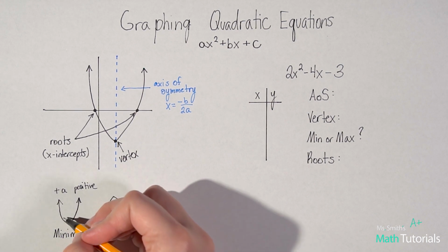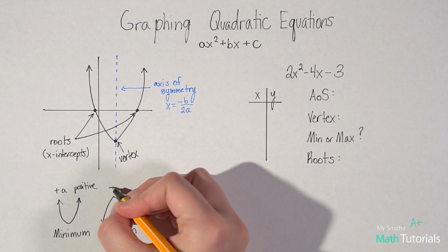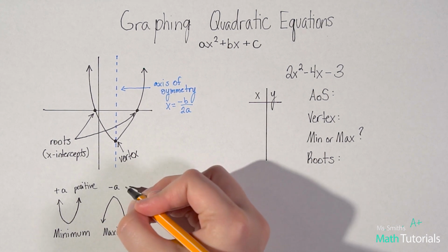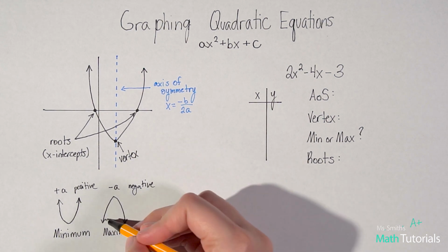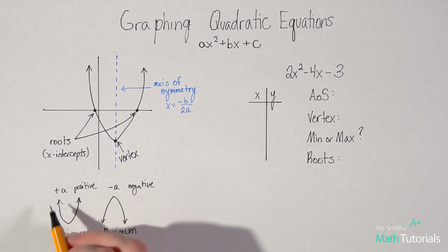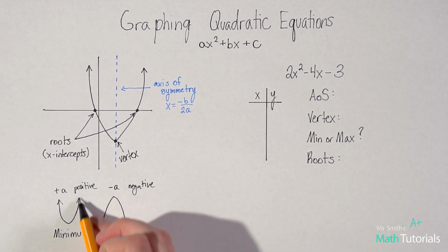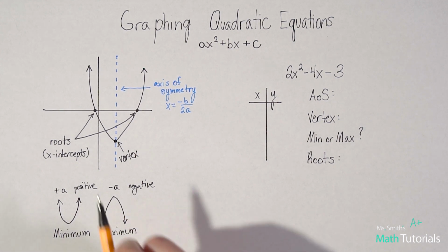Okay, so it's a smiling graph. It's happy, it's positive. But if A is negative, then it's going to be a frown. It's going to be unhappy, sad. So if A is positive, it'll be a happy graph. If A is negative, it'll be a sad graph.